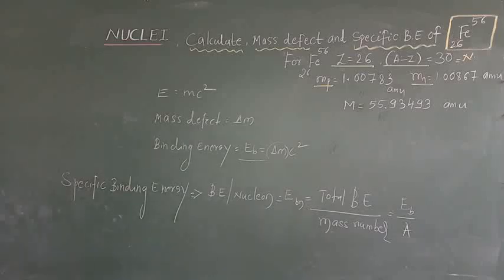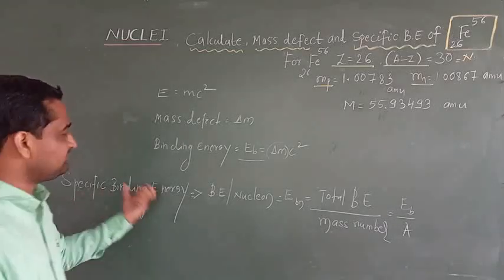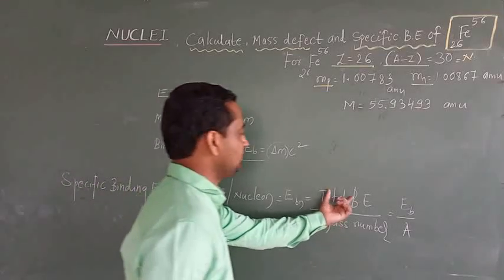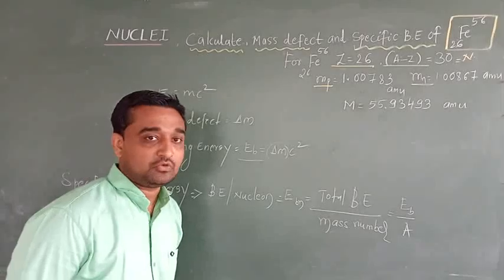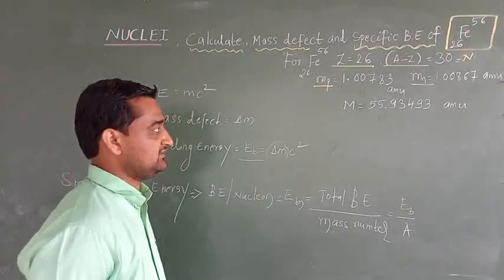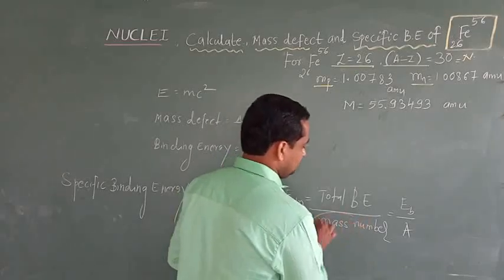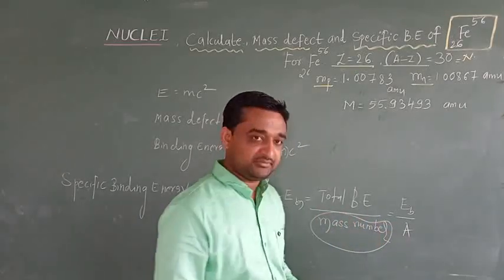One more time I will repeat the definition of specific binding energy. It is equal to the ratio of the total binding energy of the nucleus to the total number of nucleons present in it, that is the atomic mass number.